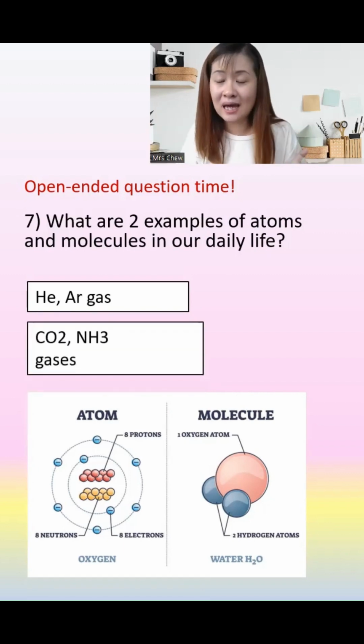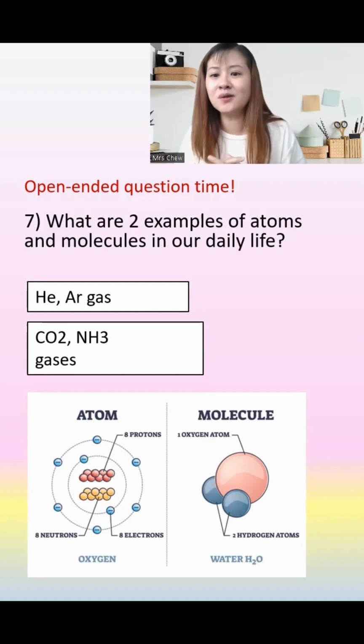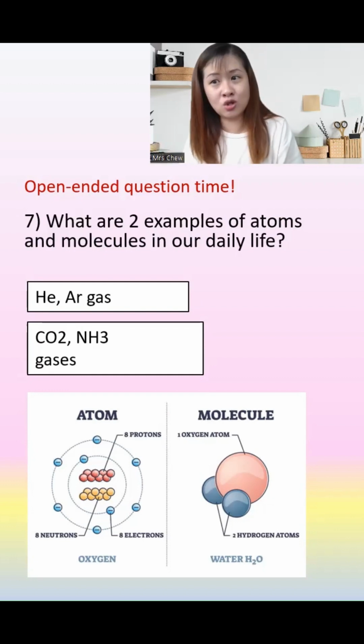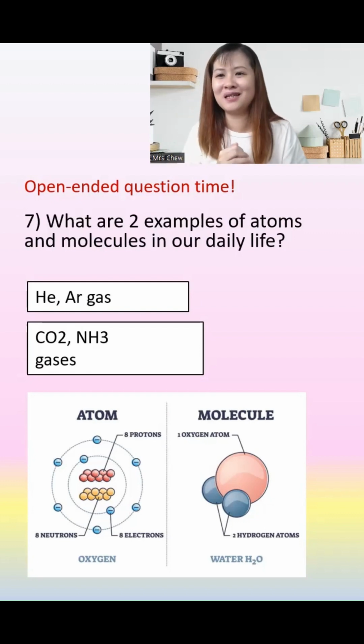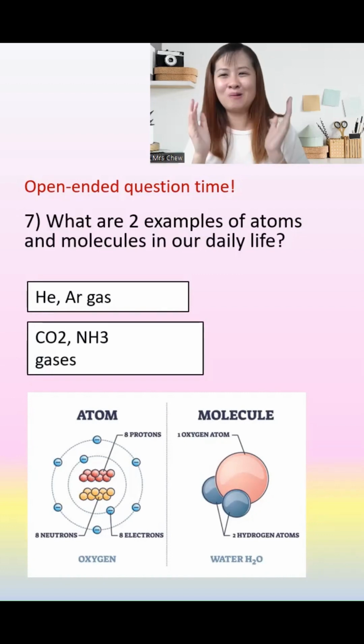Now, the rest of the gases, like oxygen, will not exist as an atom. They will exist as O2 because they are not stable. And some of the molecules that I have given are CH4 and NH3. The 4 and the 3 must be subscripts, not written as a whole like this. And you can also write Cl2, O2. These are all examples of molecules.